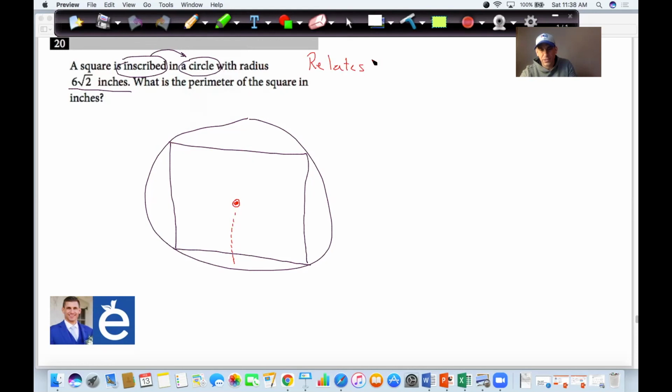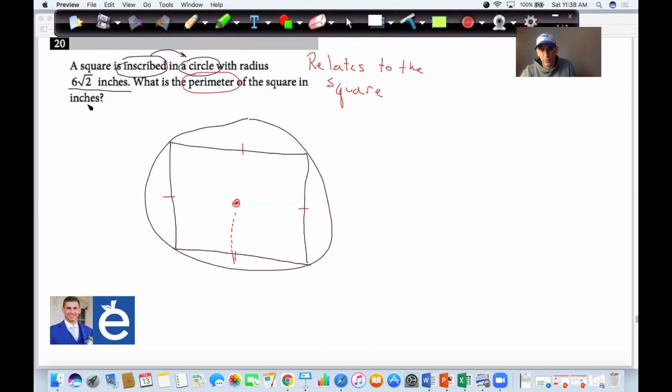That's what I'm attempting to do, relate to the square. Otherwise, there's no significance to having the square inside of the circle, because the square has 4 equal sides, and I want to pay attention to that. And by the way, overall, it says, what is the perimeter of the square in inches?